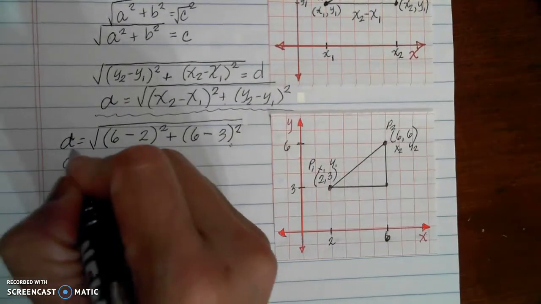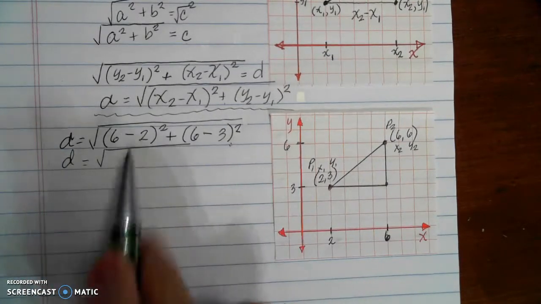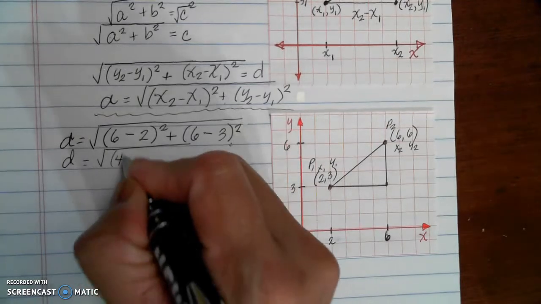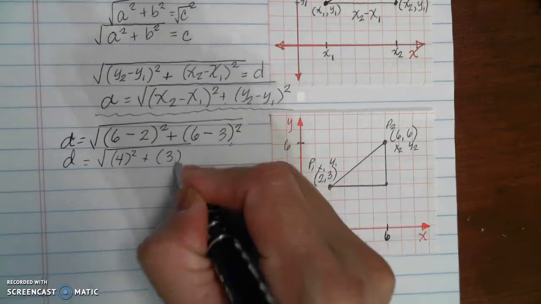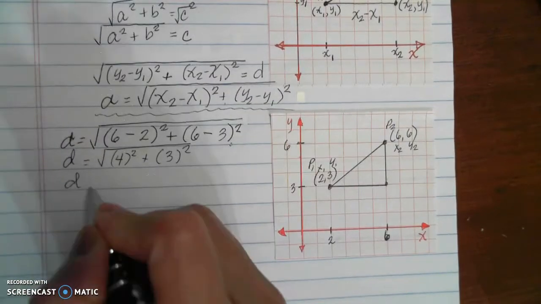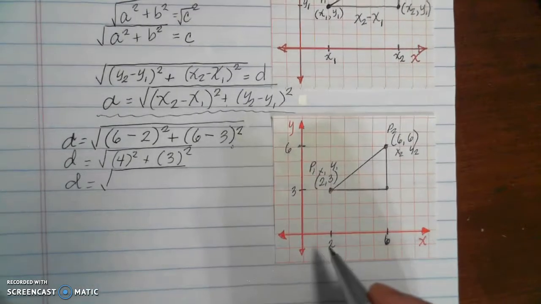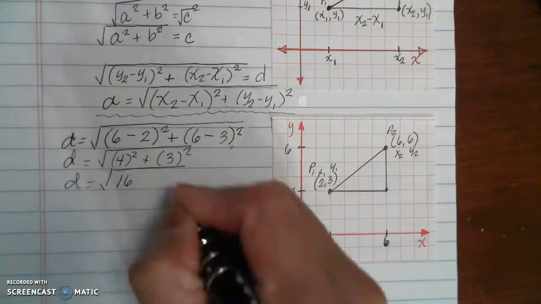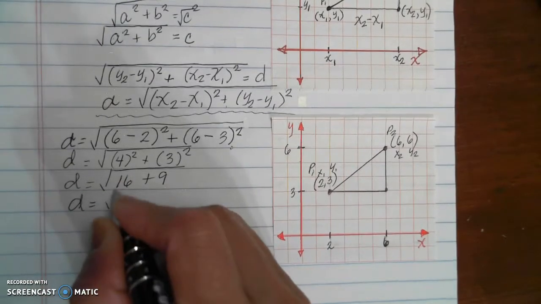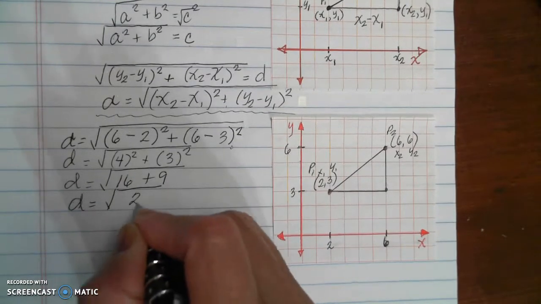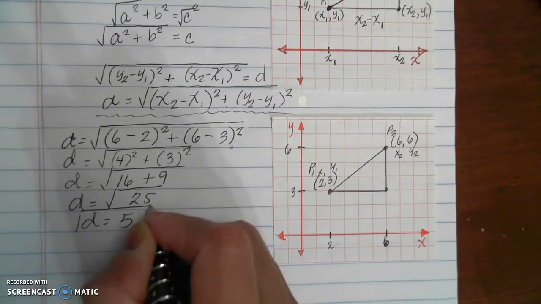So the distance is equal to square root of, this is going to be a 4 squared plus this is going to be a 3 squared, and that's going to be D equals square root of 16 plus 9, which is D is equal to square root of 25, which you all know is a 5.